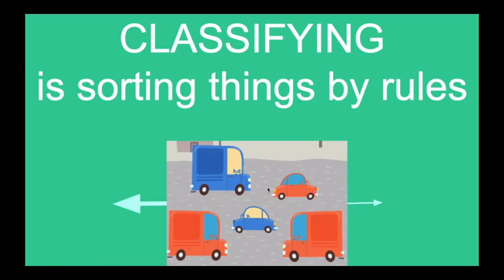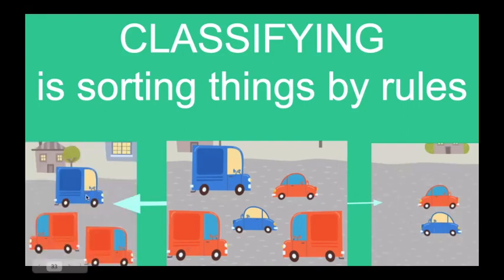How many big cars on the picture? And how many small cars? We have 2 small cars and 3 big cars. So we classify these objects by rule of size, all right? And we choose big ones and small ones, all right?